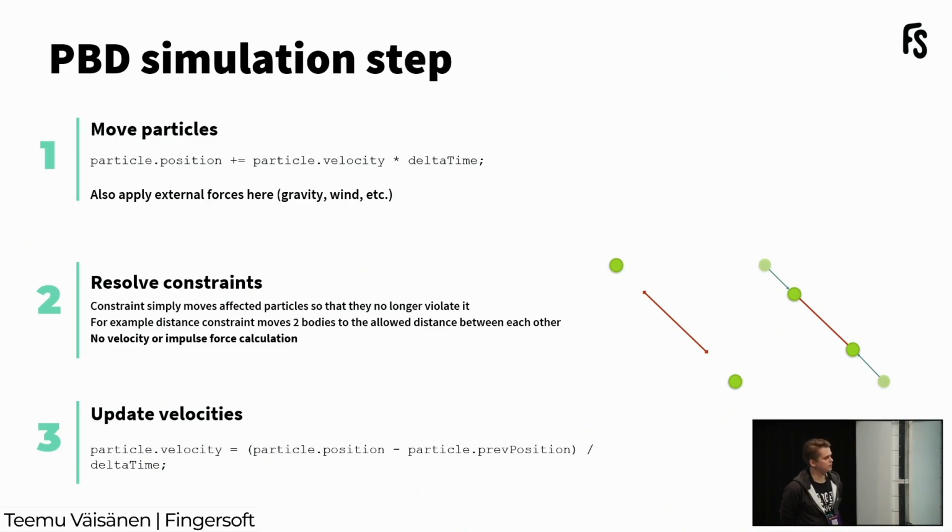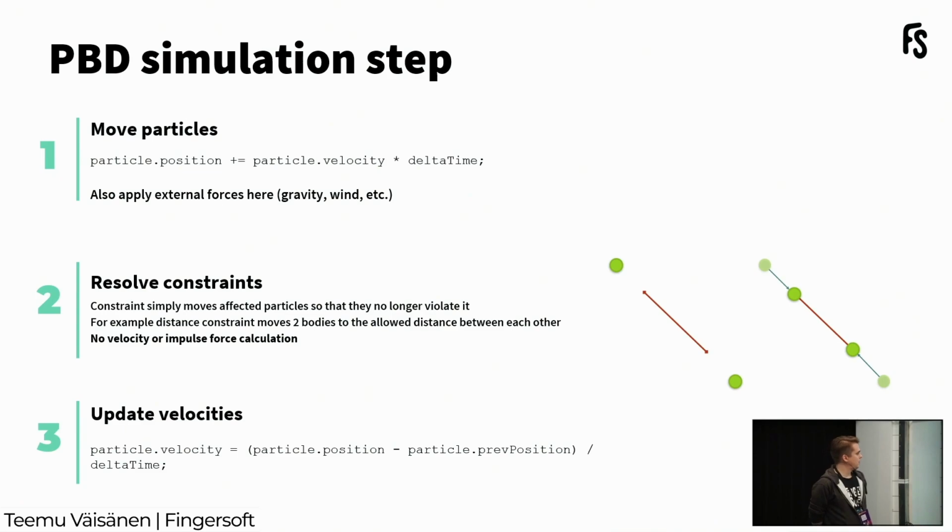I have an example over there where two particles are too far away from the distance constraint, and the distance constraint wants the particles to be a certain distance away from each other. You don't have to do anything other than just move the particles to the correct position until the distance constraint is satisfied, and that's it. That's all you have to do basically. And well, okay, you would probably take mass into account in this example, but if all the points have the same mass, then you can just directly move them to the correct position.